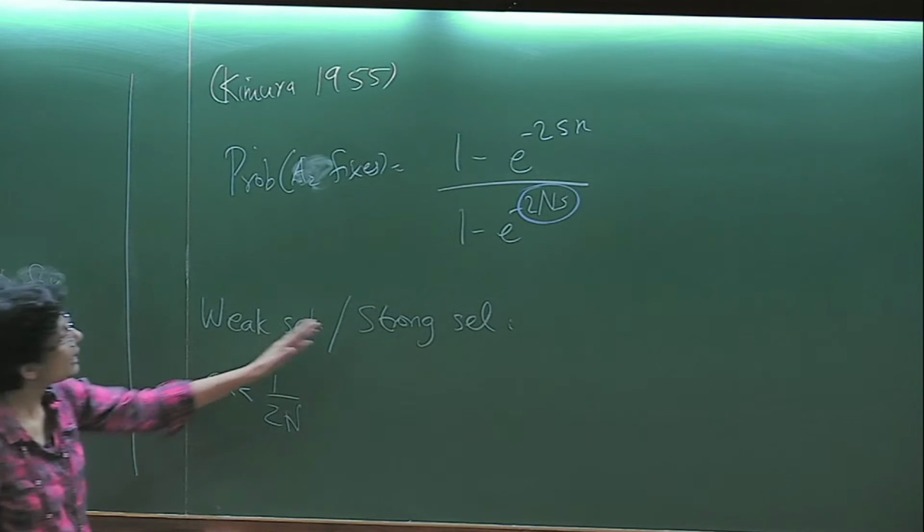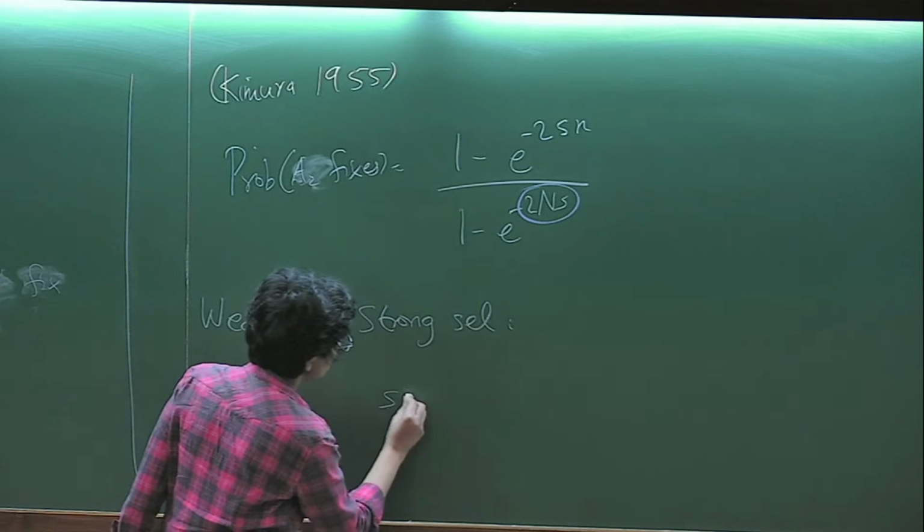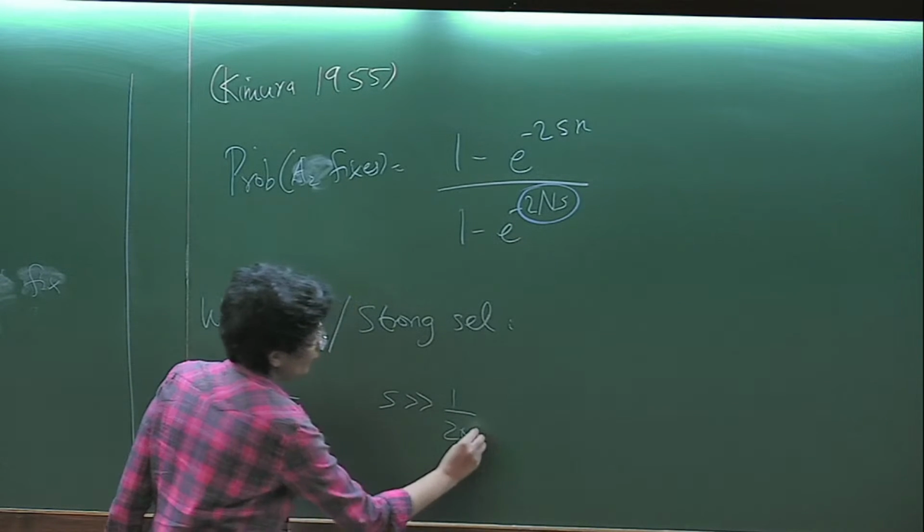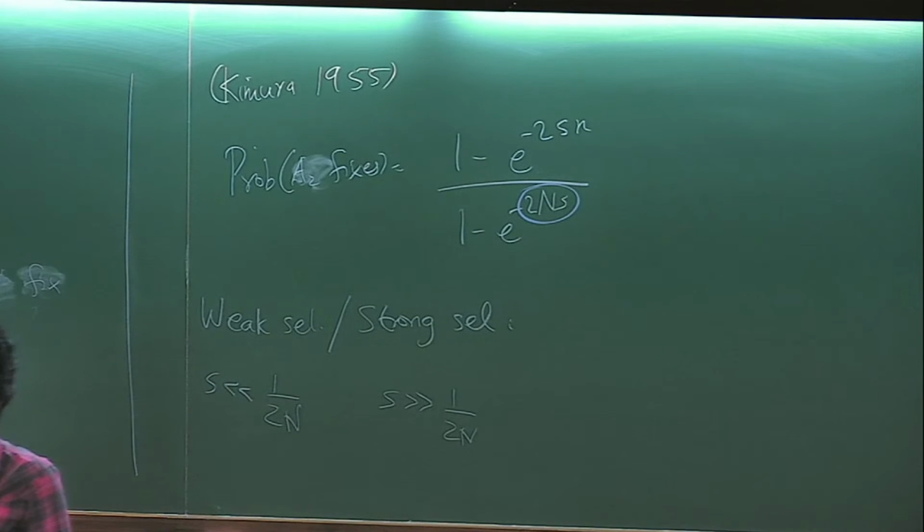And similarly, strong selection is the opposite limit, in which S is much larger than 1 by 2n. So whenever somebody says selection is strong or weak, what you have in mind is comparison to something else. And here, the comparison is to drift, which is 1 by n. Is it clear? Okay, and I will keep repeating this point in another context also.